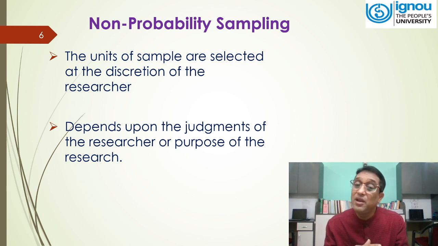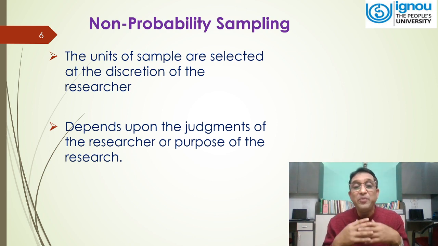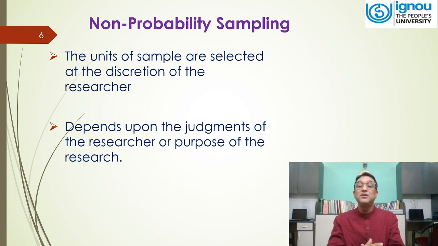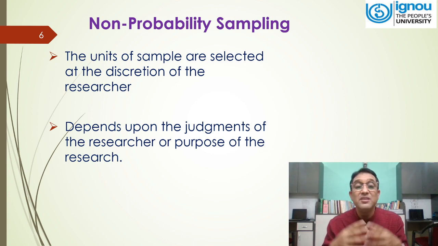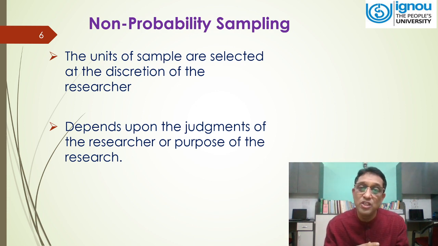The researcher will decide as per the nature, the purpose, and the objective of the study. That's why freedom is given to the researcher, that on the basis of the research topic the researcher has taken, the researcher can select the sample by his own discretion, own judgment, and the purpose of the research.